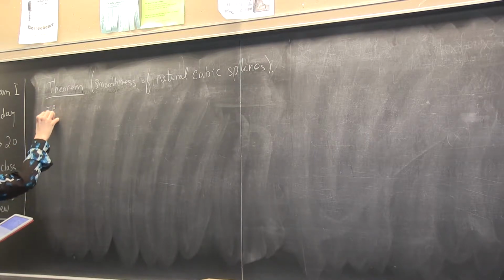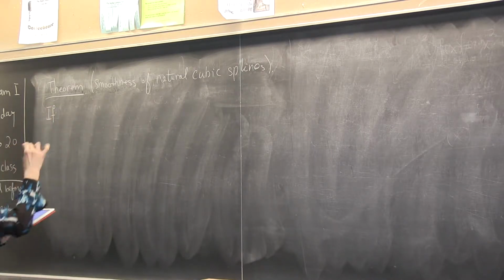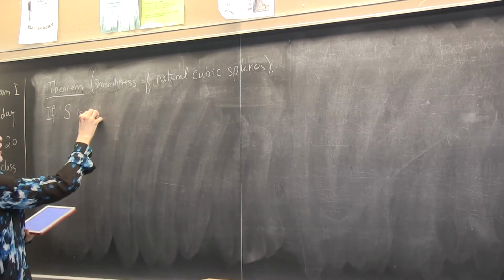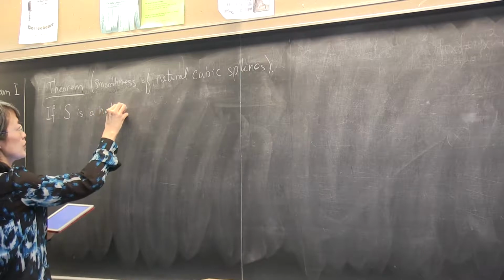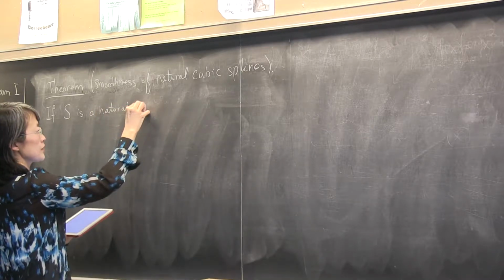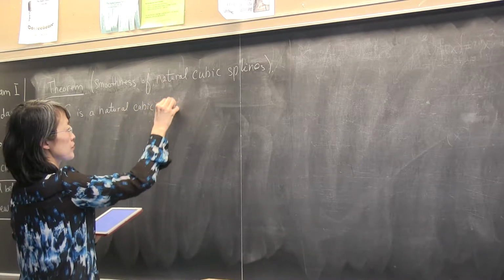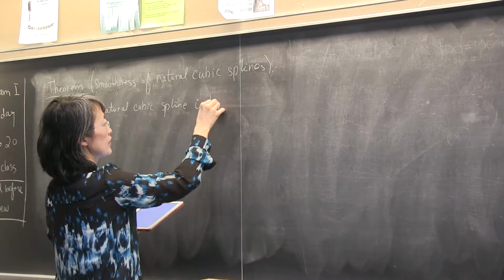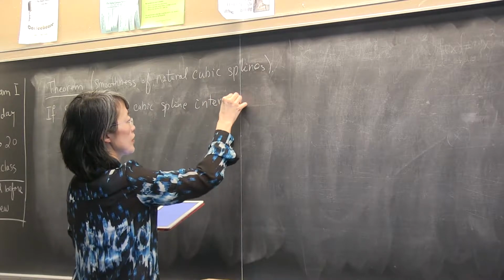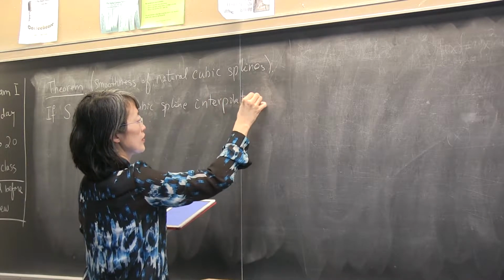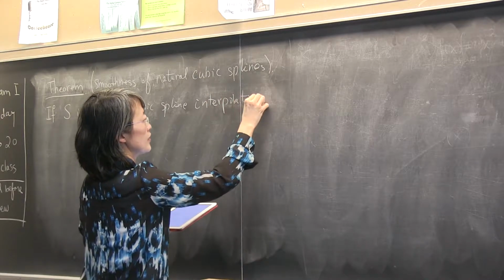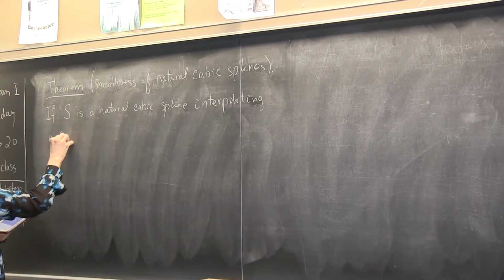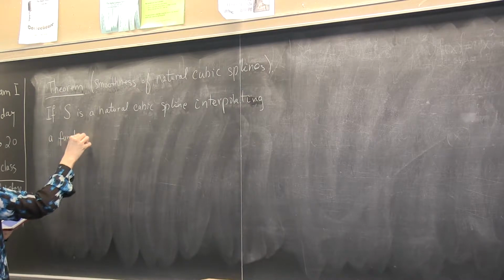What does the theorem say? So it's about natural cubic spline. So I have a function s, okay? Let's say s is a natural cubic spline interpolating a function f.